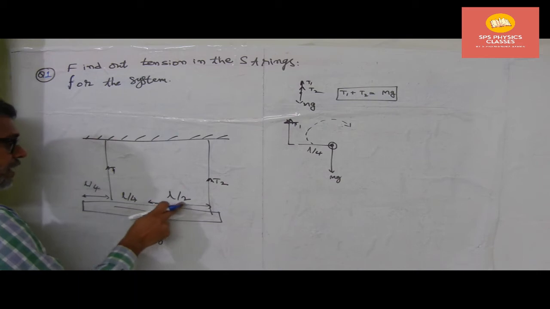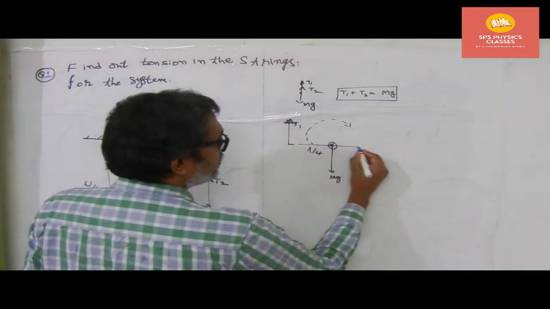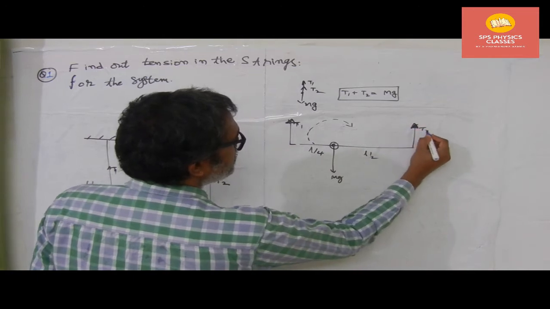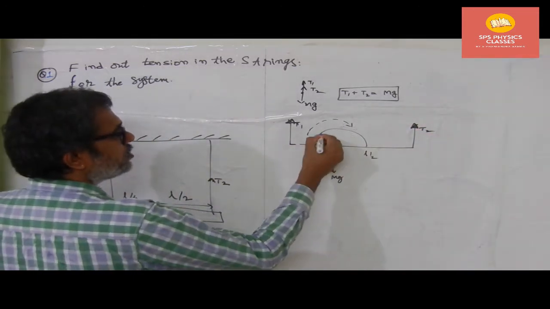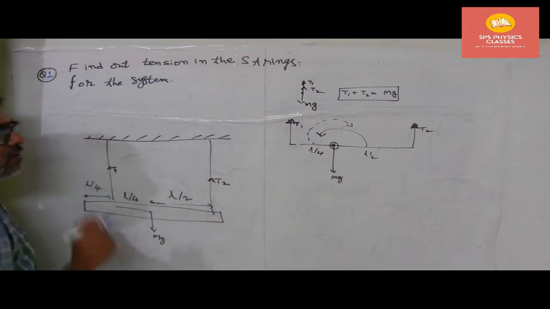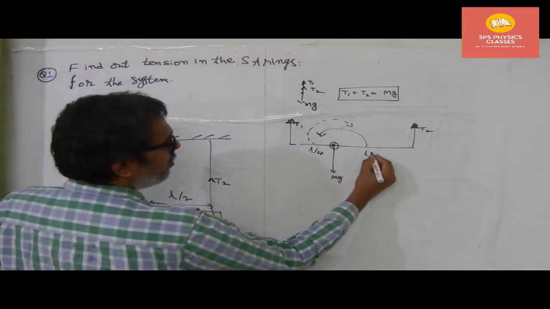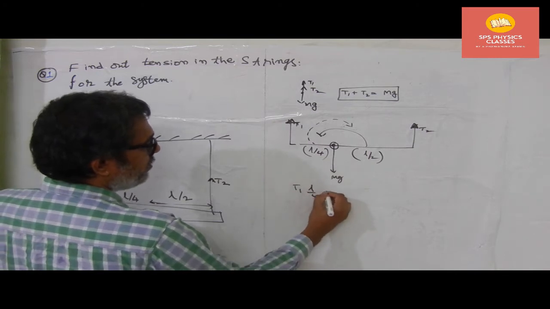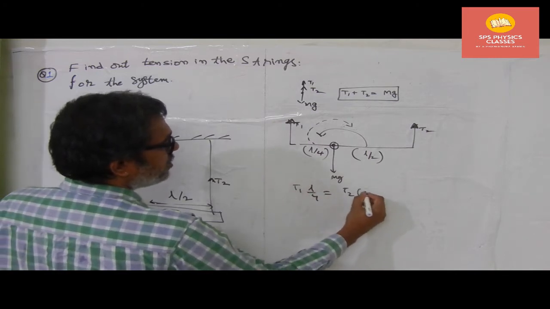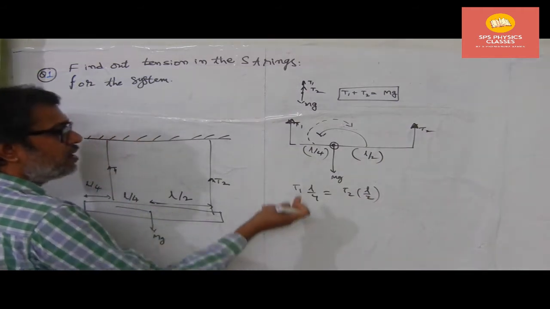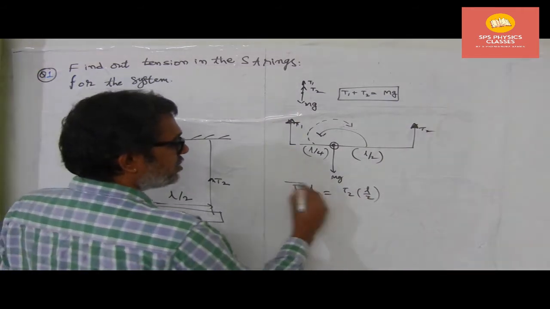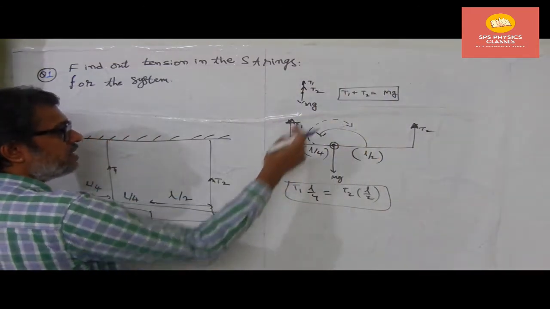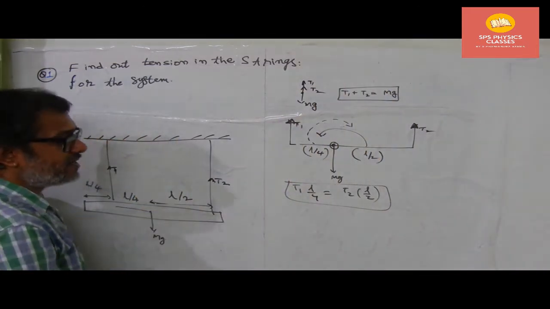At the same time, at a distance of L by 2, the other tension T2 will try to produce a neutralizing effect, that is the anti-clockwise direction. That means we write T1 into L by 4 is equal to T2 into L by 2. Clockwise torque is equal to anti-clockwise torque, and upward forces are equal to downward force. These are the two conditions that must be obeyed by the system.